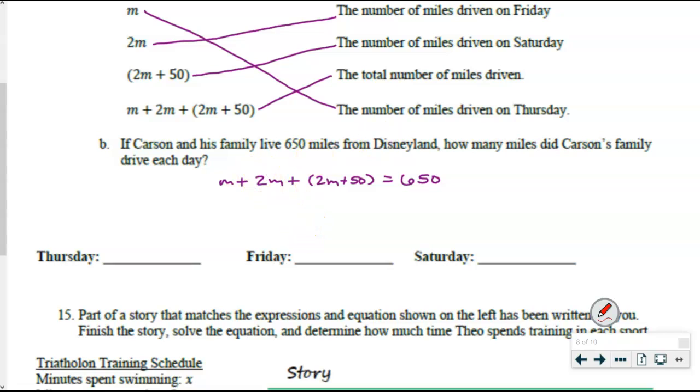So we're going to combine our like terms. M plus 2M plus 2 more M is 5M, plus the extra 50 is equal to 650.